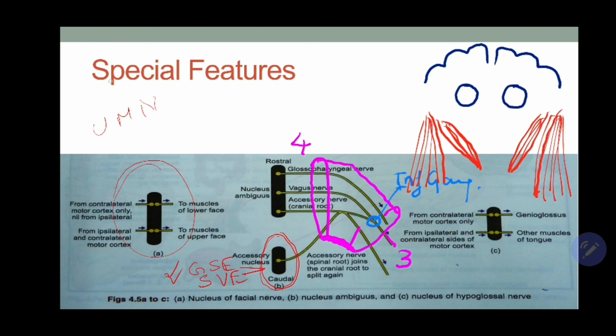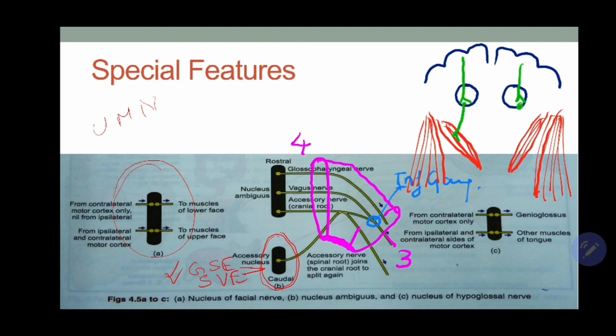So important is that the upper motor neurons for sternocleidomastoid reach the same side nucleus, and from there they innervate, of course, lower motor neurons, no problems.